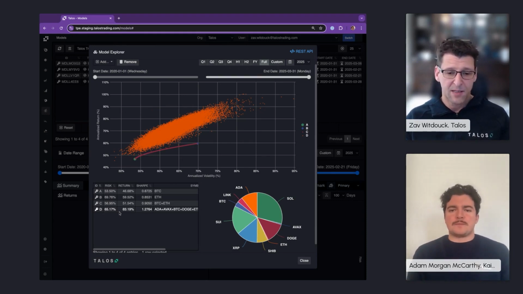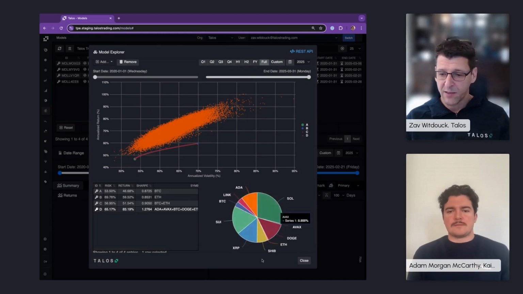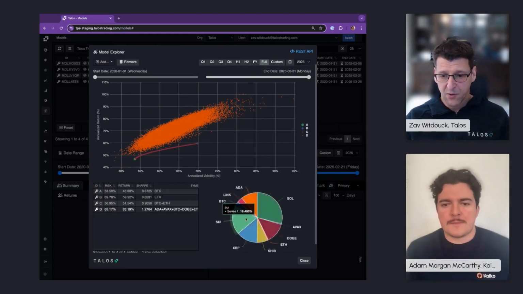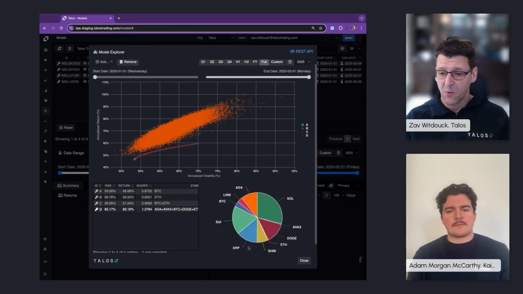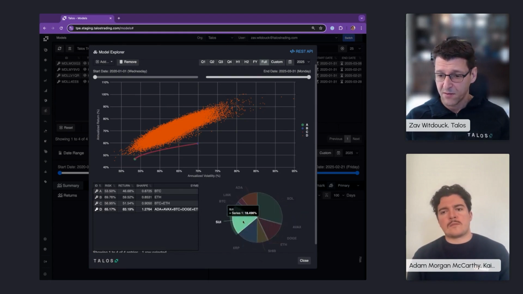Yeah, and I think one of the other interesting observations here is the pie chart on the right, where what we're showing is the allocation of the best portfolio historically over the last 5 years, what those allocations were. And one interesting thing to note here is the fairly sizable allocations to altcoins, right?